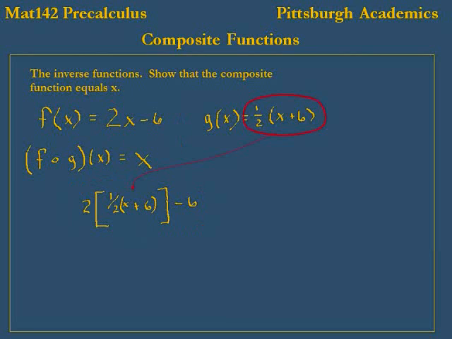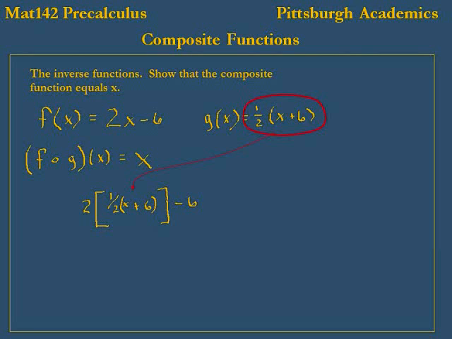As we can see, the function g goes into that space right there, so that all of the x of the 2x minus 6 is now 1/2 times x plus 6. Now again, I was saying how these are pretty easy to see. Sometimes, not always.